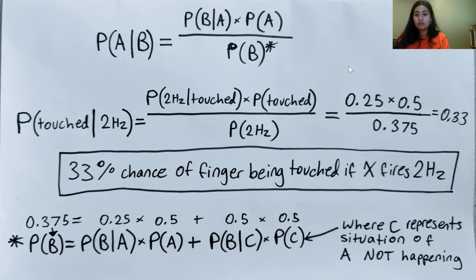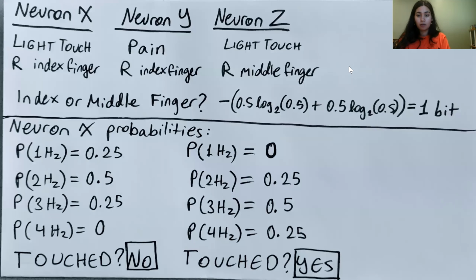If we look back at our probability chart, we find that the probability of it firing 2 hertz when it's touched is 0.25, and the probability of it being touched at all is 0.5.